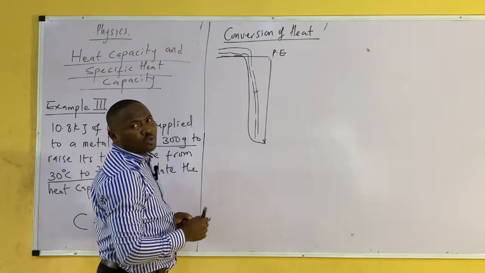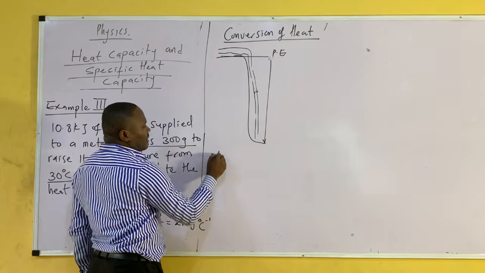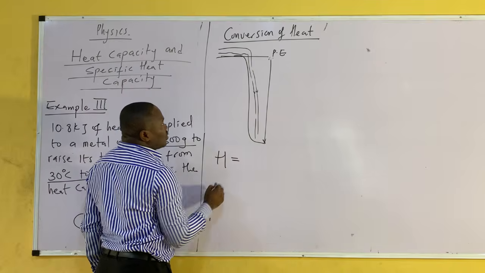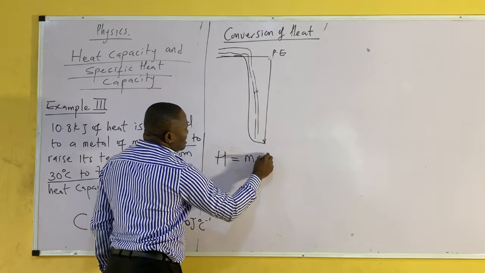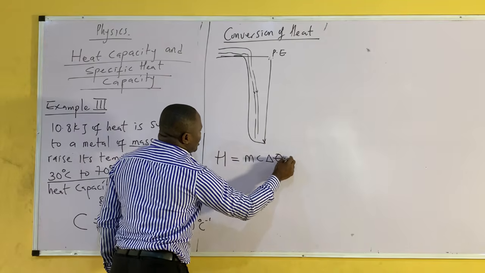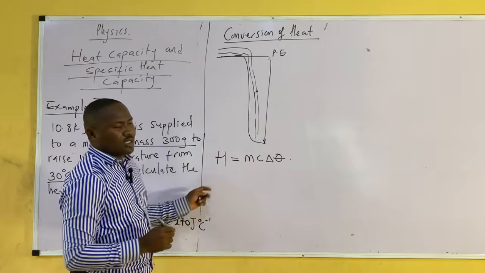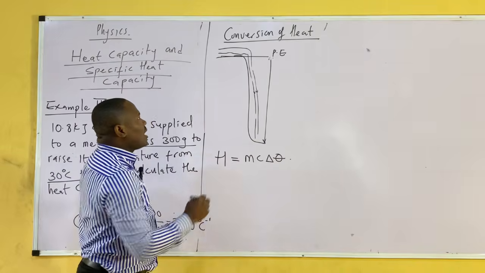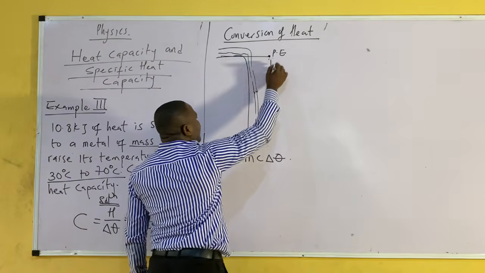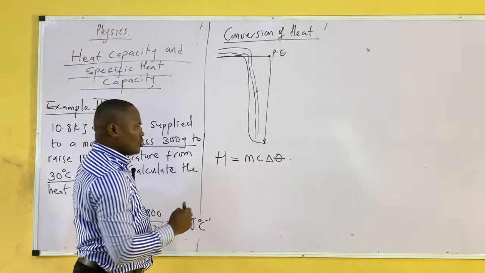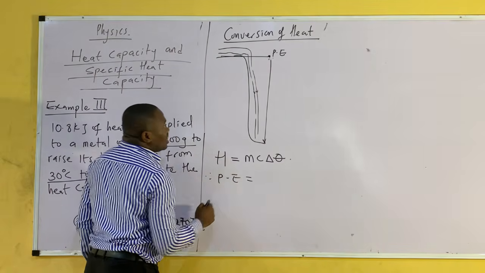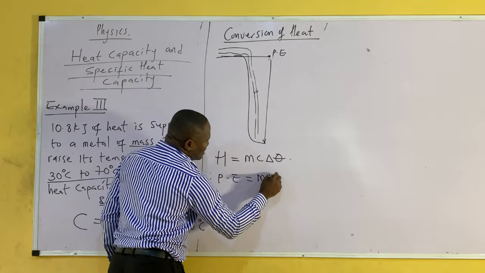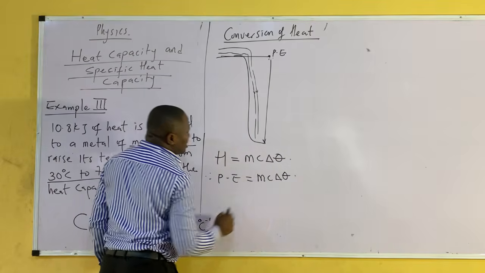So what is happening here? Remember we have heat is equal to specific heat, MC change in theta. Now if heat is this, and the energy we have is potential energy, therefore, potential energy is equal to MC change in theta.